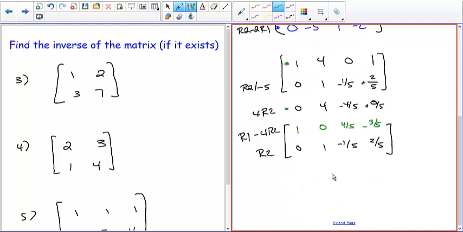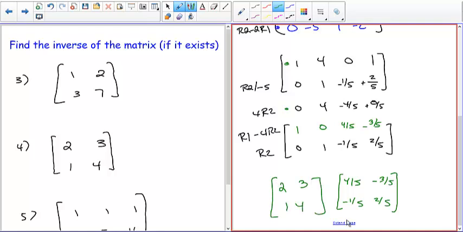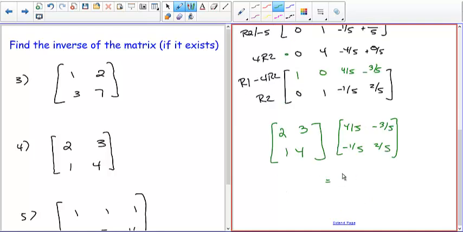So my inverse matrix is 4/5, negative 3/5, negative 1/5, 2/5. So that's my inverse matrix. And I can check my results here by multiplying by my original matrix and see if I end up with the identity matrix. So I've got 2 times 4, so that's 8/5. And I've got 3 times negative 1/5, so that's minus 3/5.